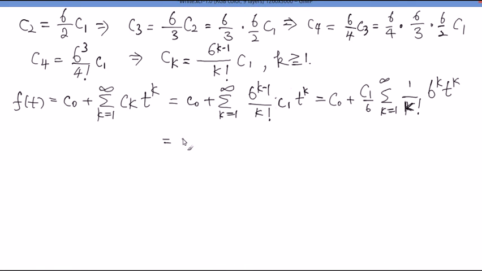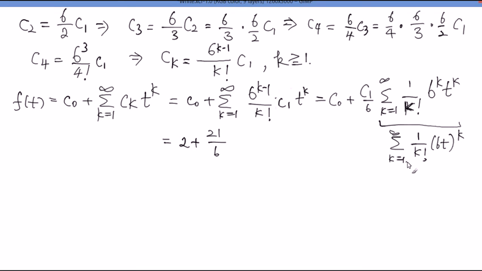But c0 was 2, right? c0 was 2, and that was c1 over 6. And we have k from 1 to infinity, 6 to the k. So that part is like the sum for k going from 1 to infinity of 1 over k factorial, 6t to the k. So that's almost e to the 6t, don't you think? Almost e to the 6t, but it's missing the 0th term.